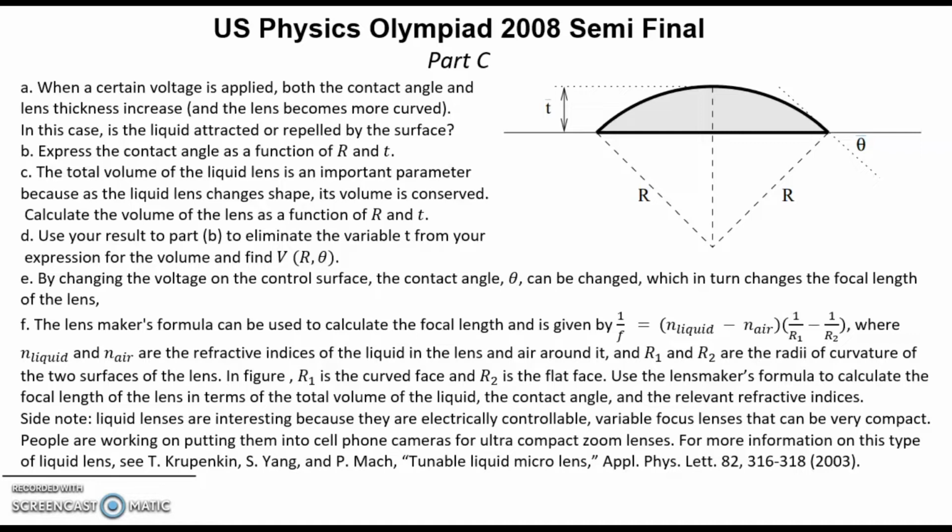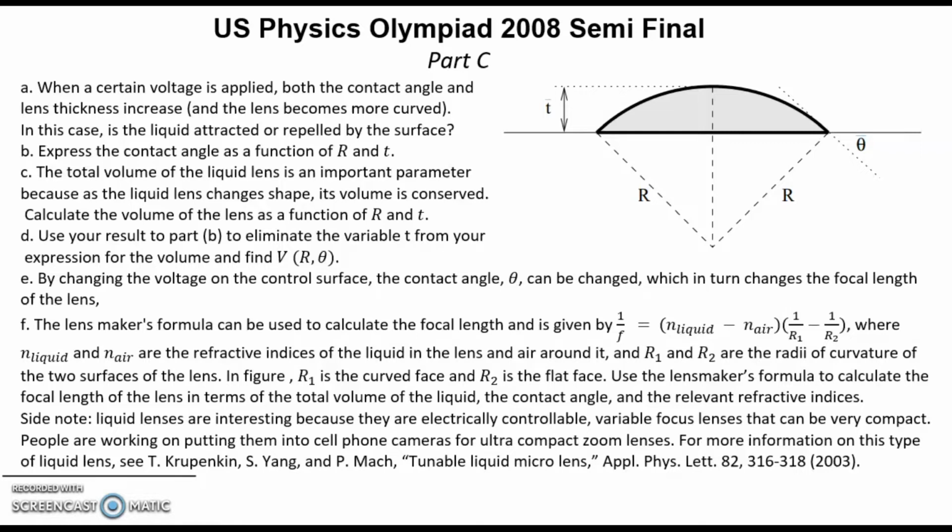C. The total volume of the liquid lens is an important parameter because as the liquid lens changes shape, its volume is conserved.